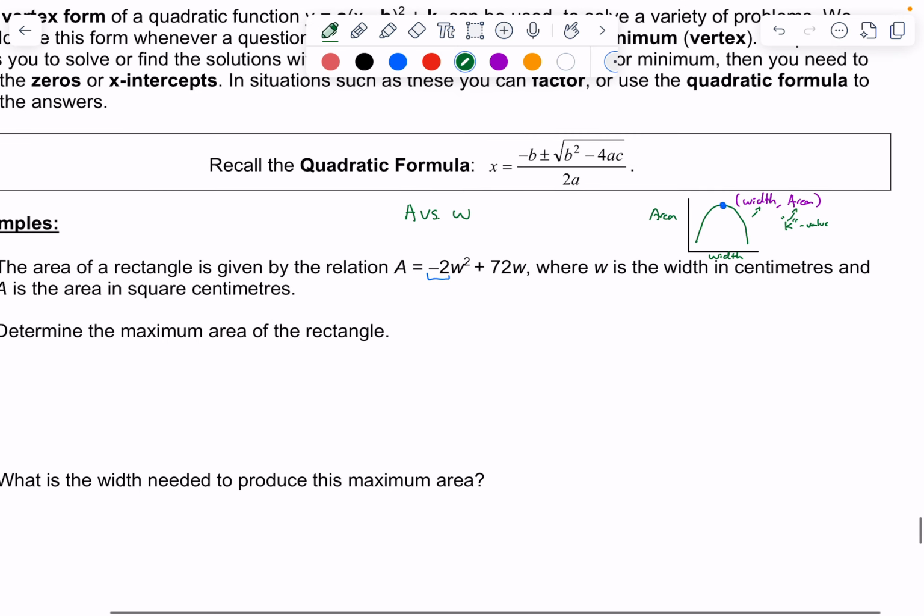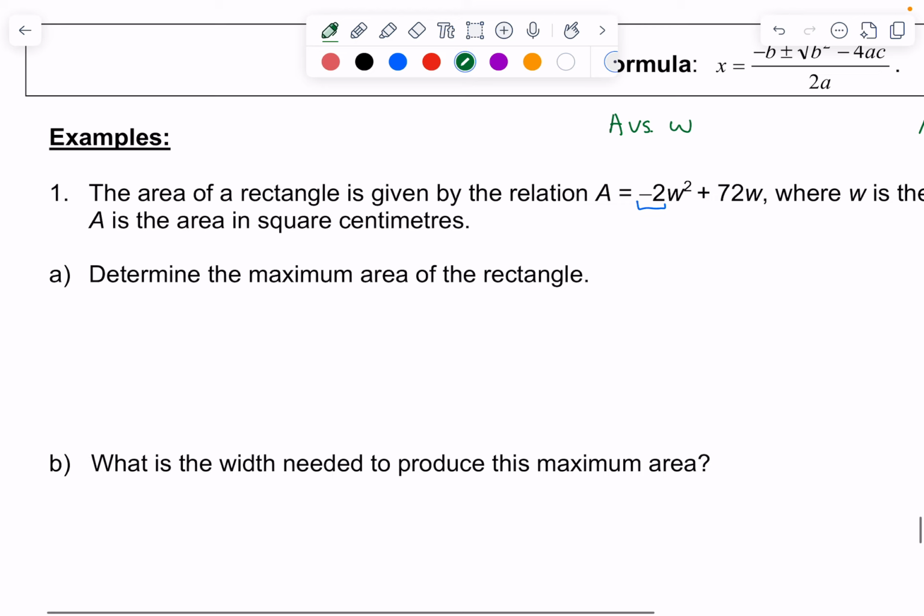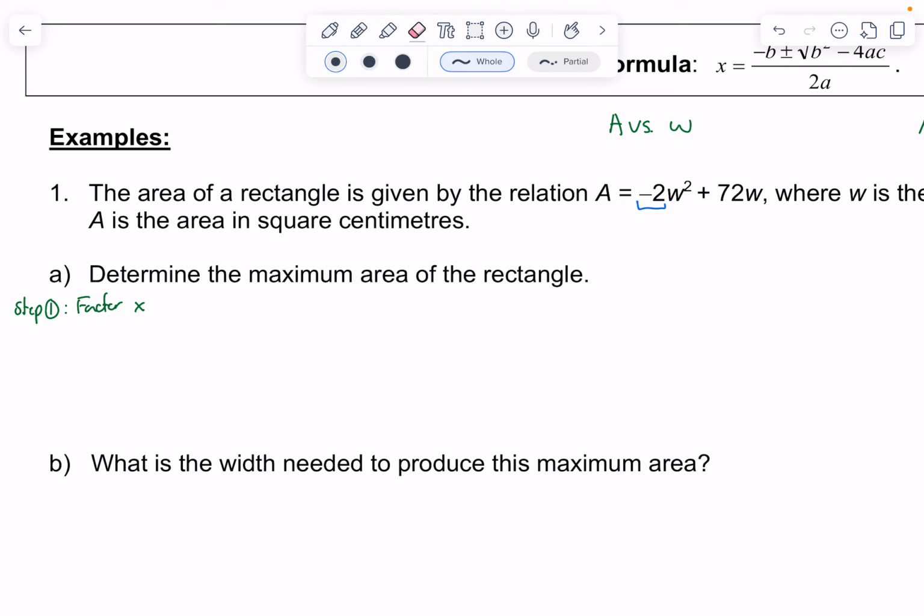So I know we've done lots of problems like this, but let's give a very clear step-by-step process on how to do that. Well, step one, we need to factor this. And you factor it so you can find your x-intercepts, x1, x2.